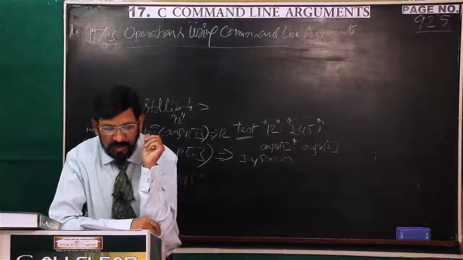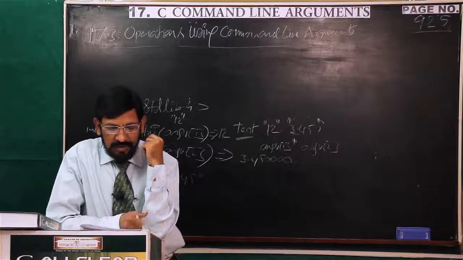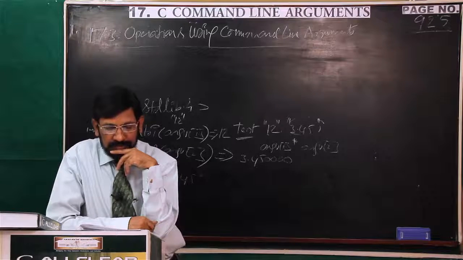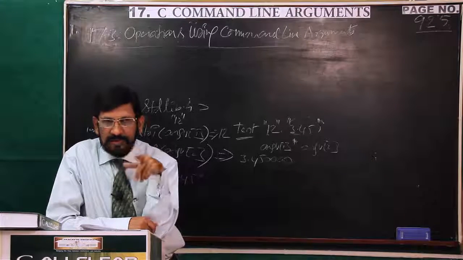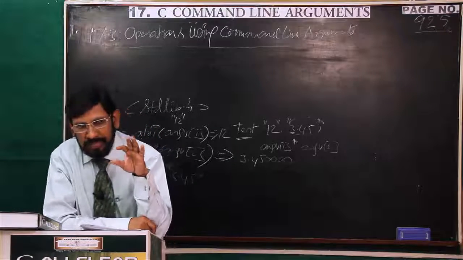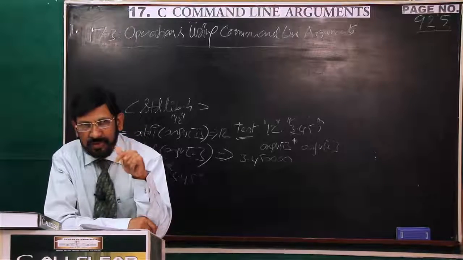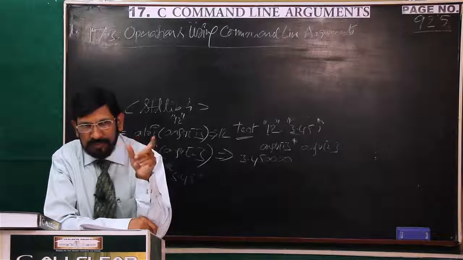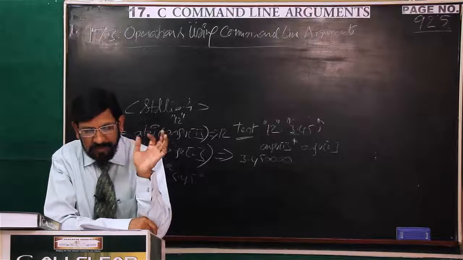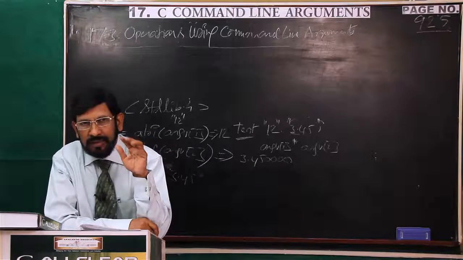You just have to apply your common sense. Now you see the 11th line, the for loop we have written, c is equal to 1. c is equal to 0 you should not write, because for all arrays c is equal to 0 you write. Actually here you know that 0 is the program's name, we don't require the program's name. So c is equal to 1, c is less than argc.